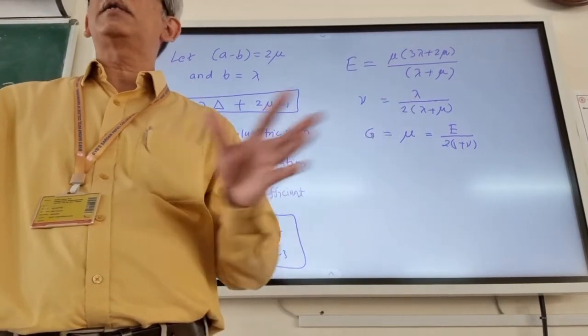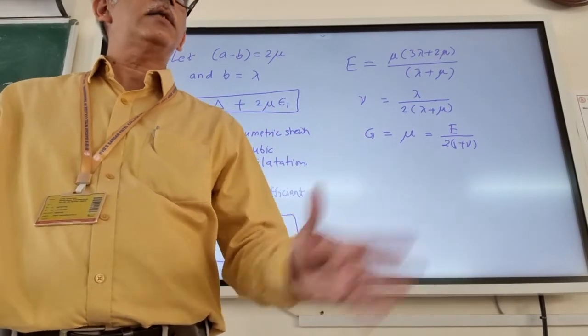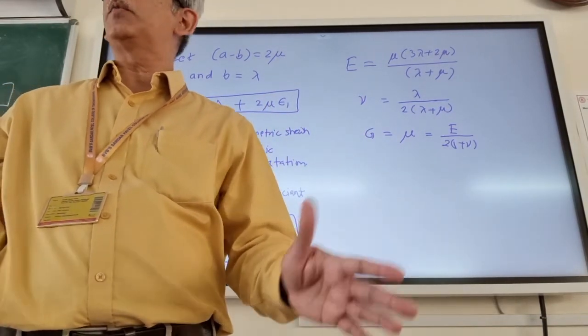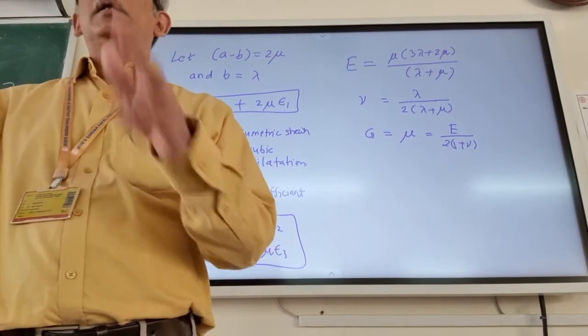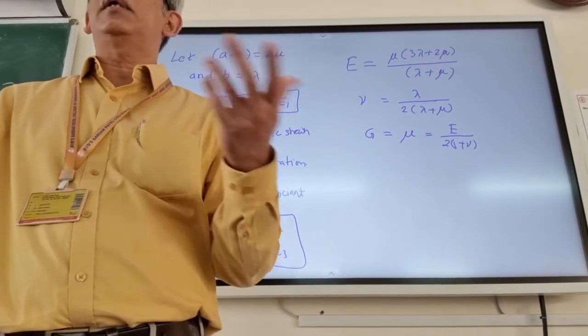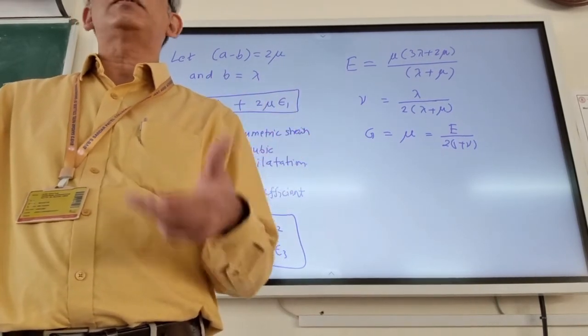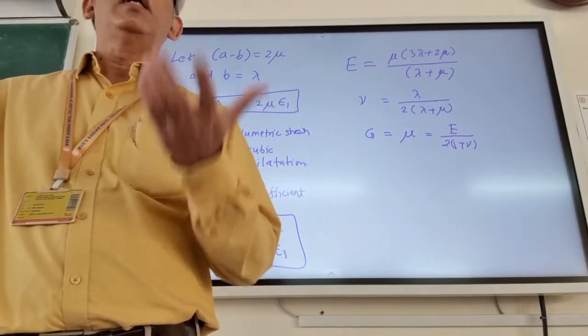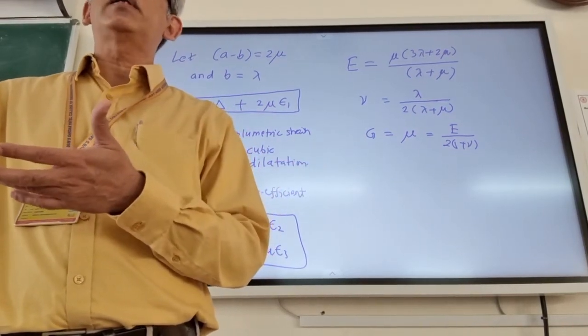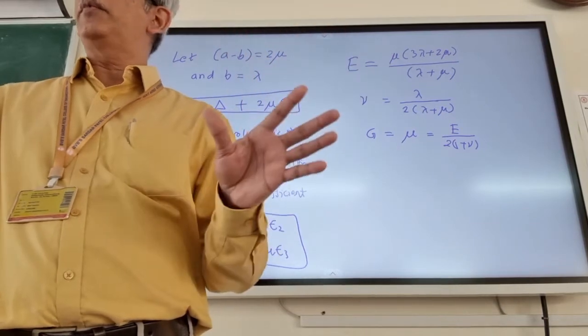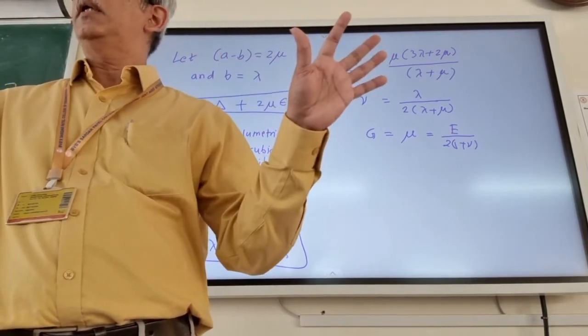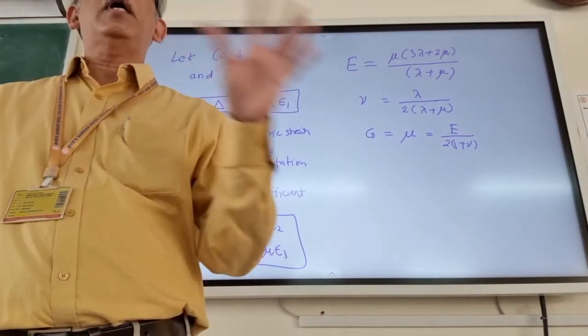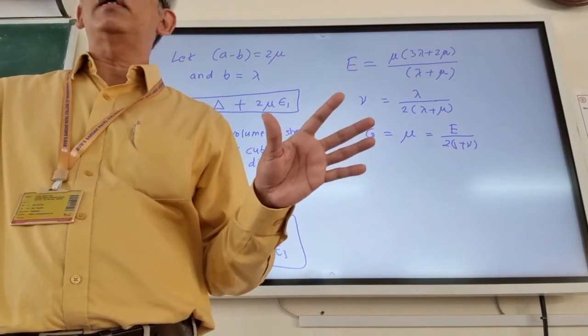The Cartesian coordinate system is in terms of XYZ axes, and that is the one we more commonly use. The second coordinate system is the cylindrical coordinate system, which is also known as the polar coordinate system, and the third is the spherical coordinate system. Whatever equilibrium equations we developed in the previous classes were in the Cartesian coordinate system.